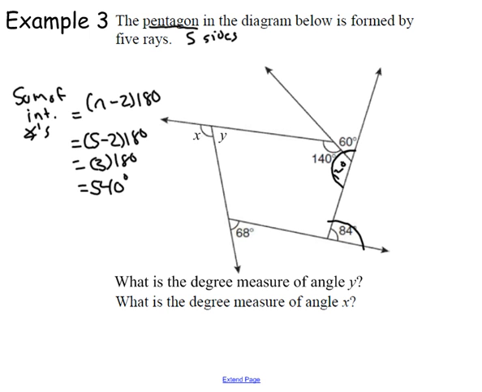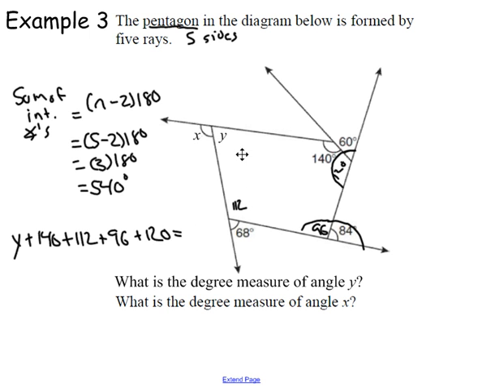It's hard for you to see that, right? 96. And this angle here is going to be 180 minus 68, and that's 112. So if we want to solve for y, we know that y plus the rest of the interior angles, which are 140, 112, 96, and the 120.